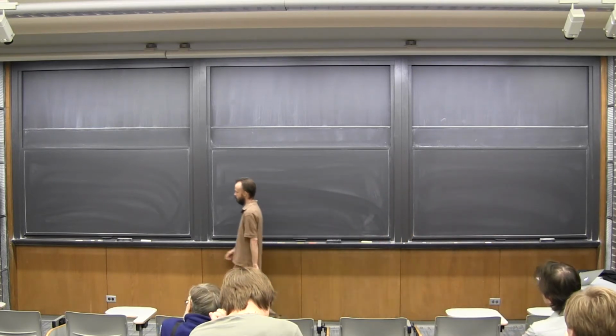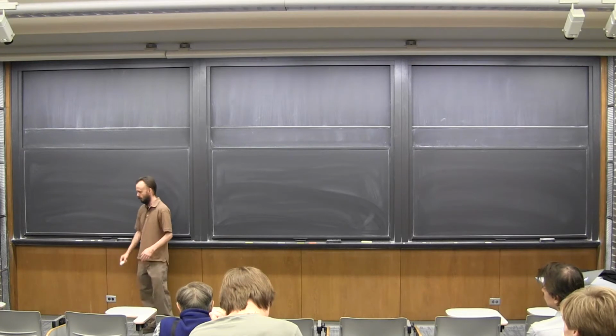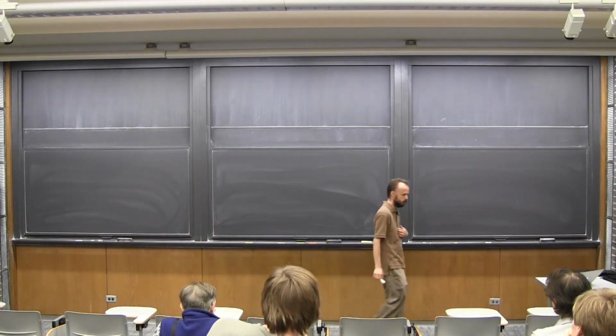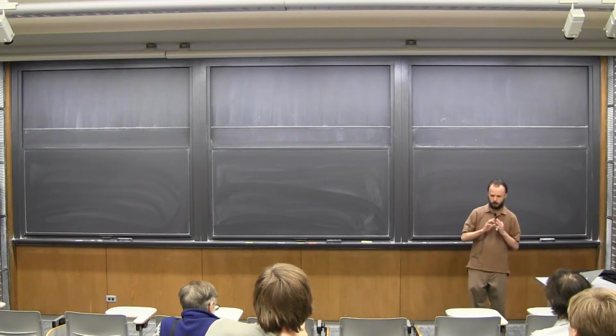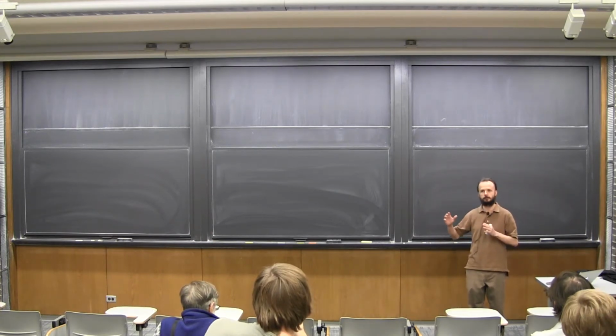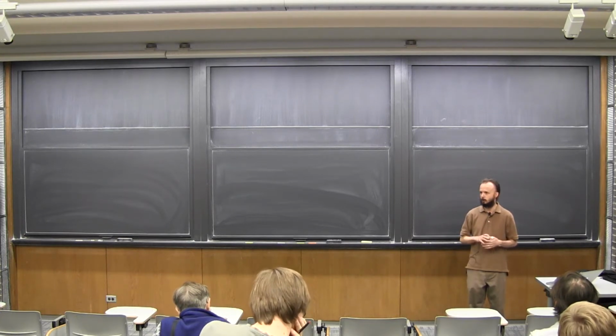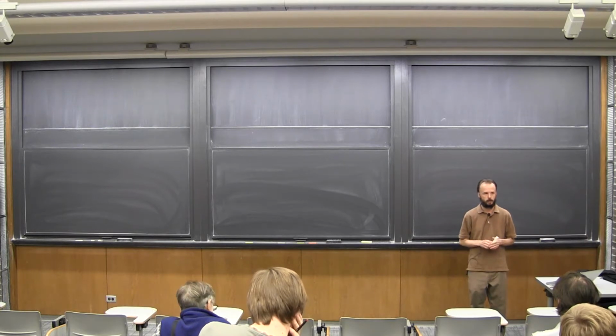As Peter said, the theme of these talks is Benjamini-Schramm convergence, which is a way that a sequence of finite graphs can converge to a random rooted graph, or you can replace graphs with manifolds or simplicial complexes.